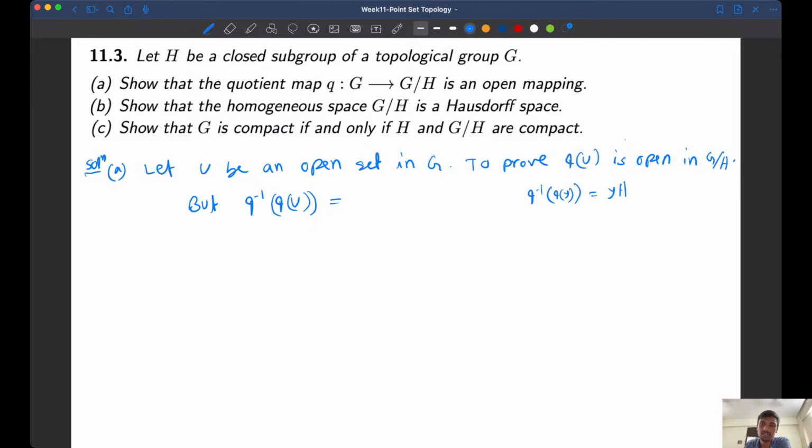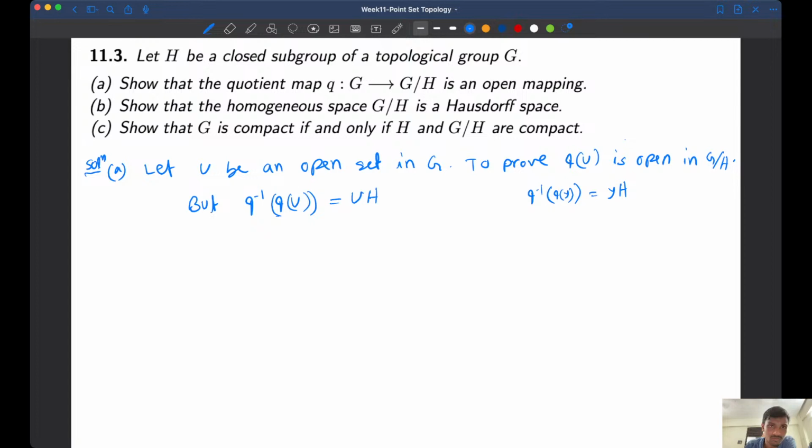So similarly, if I see here Q inverse of Q(U), what will this set be? This set will be just UH, right? For each y in U you are taking the union of all those yH. So it is just UH.